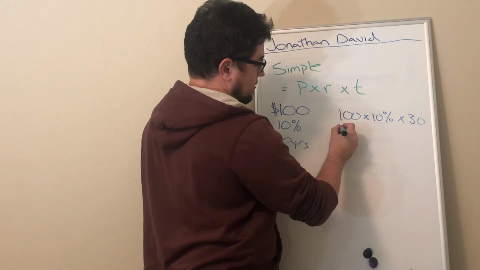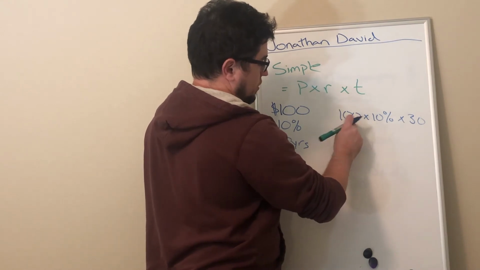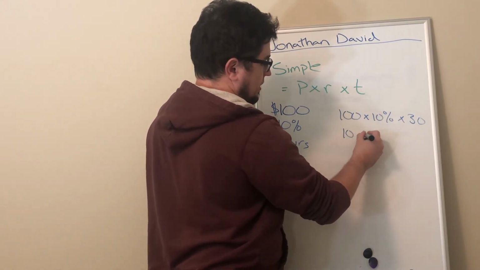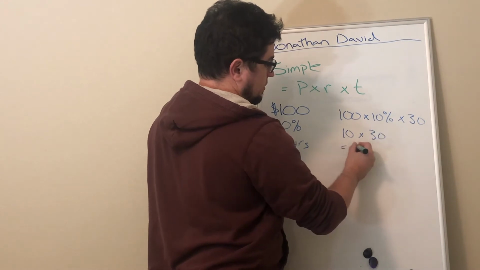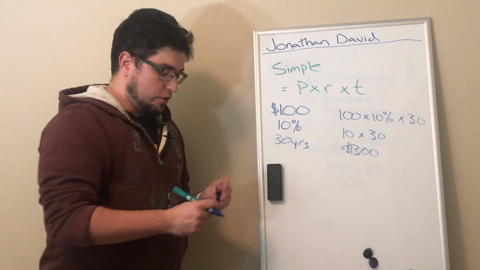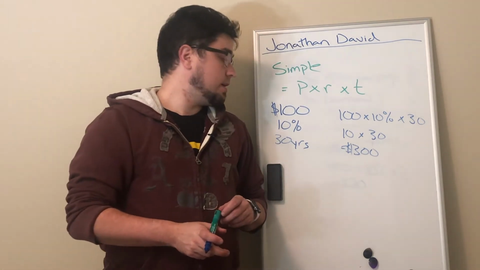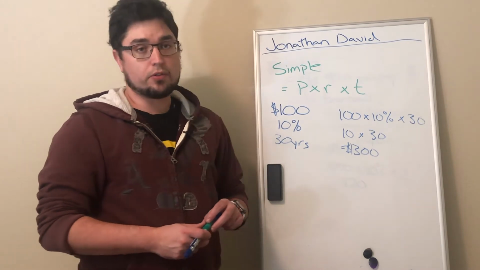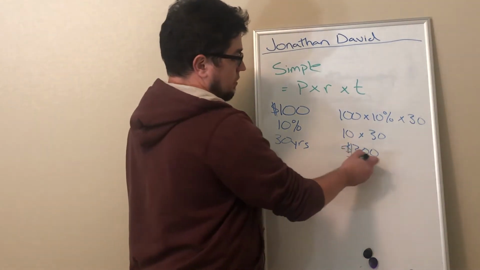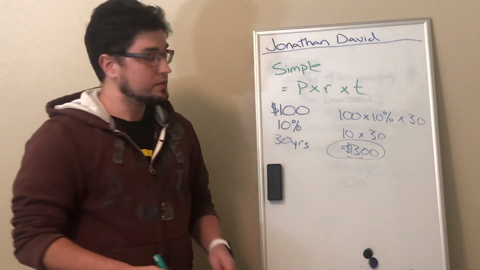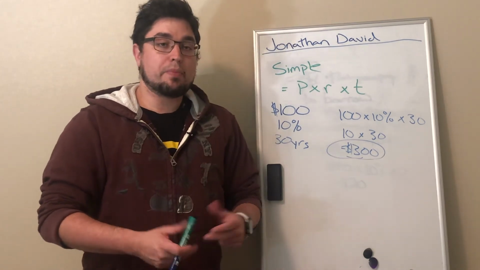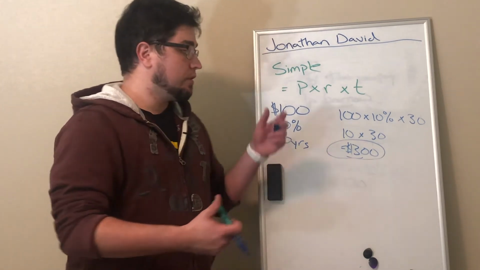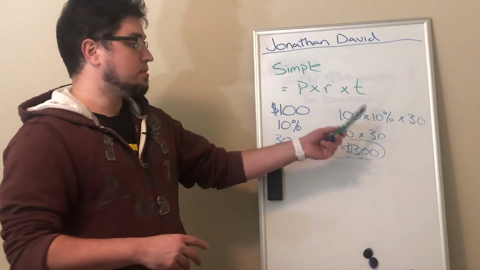Do the math, 100 times 0.1 times 30 equals $300. So if you were to take out $100 at a 10% rate and you held on to it for 30 years, you would end up paying $300 in interest, or be paid $300 in interest if you were investing in an account that paid you 10% over 30 years.